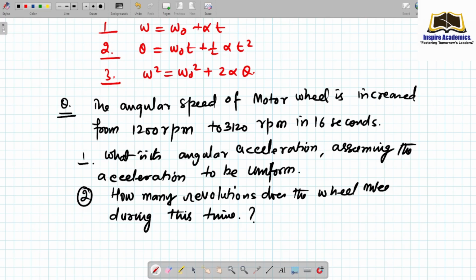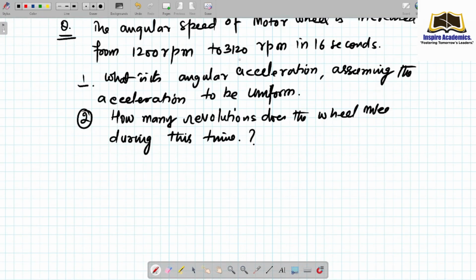These are the 2 questions. So how do we solve? Let us now solve the problem.